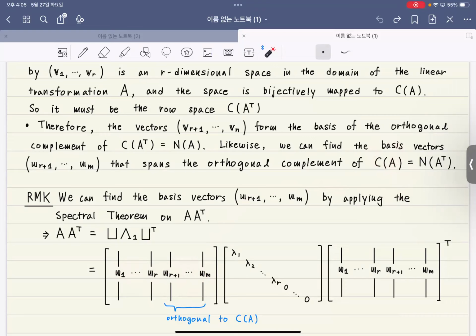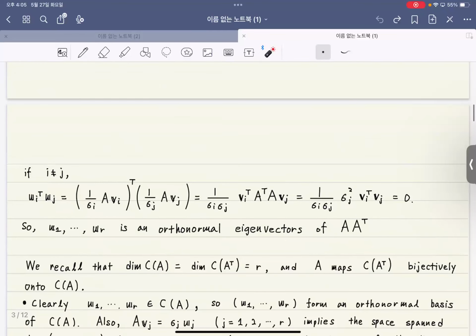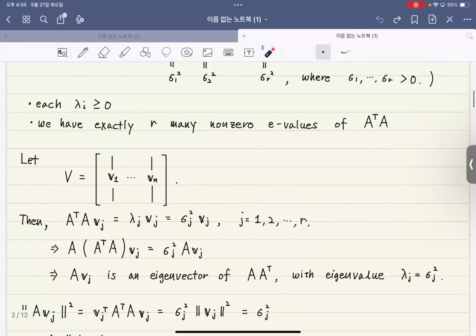Okay, so by doing so, we finally have the full set of basis vectors for the domain and codomain. For the domain of the linear transformation A, these are the basis vectors: V1 to Vr span the row space, and Vr plus 1 to Vn span the null space.